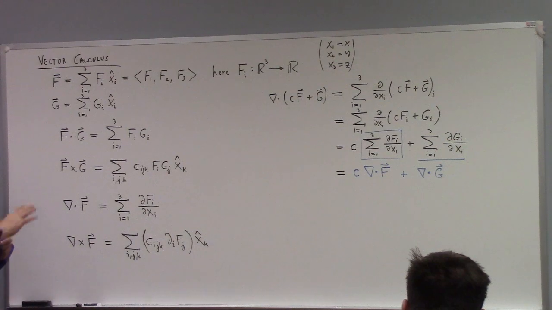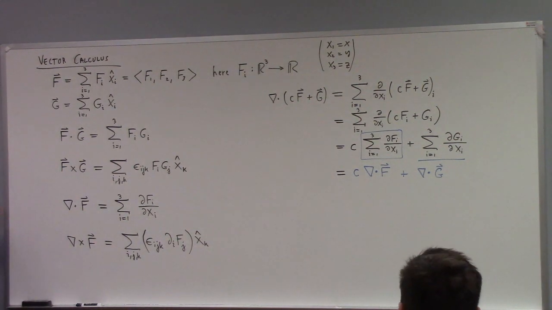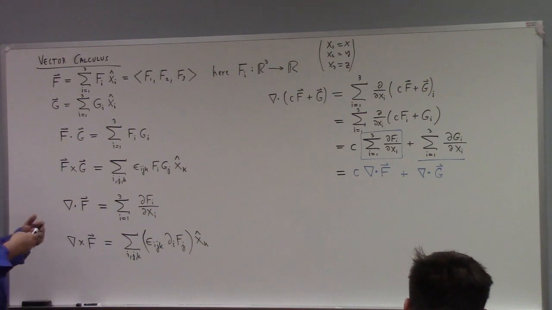The neat thing is, almost the same proof verbatim holds for the curl. How would this proof be different if we wanted to prove the corresponding property for the curl? What goes on there?